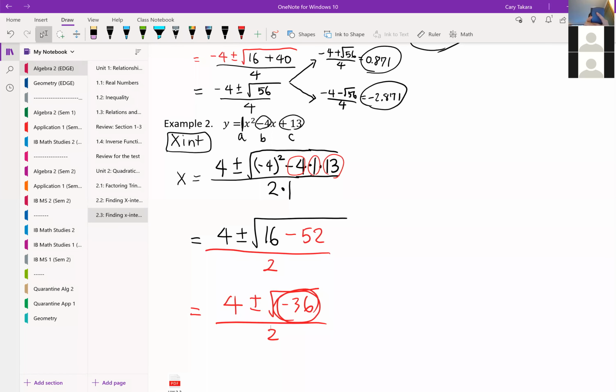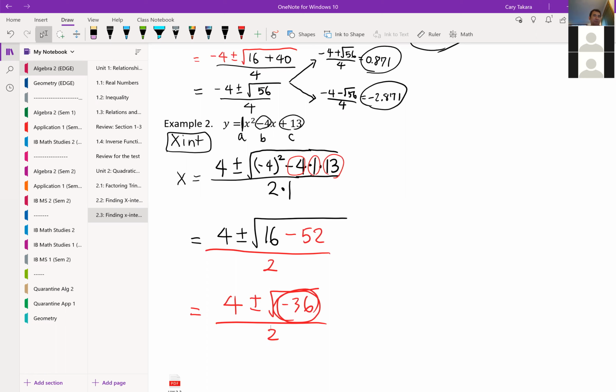Where's the square root button? Negative 36, and I get an error. You cannot take a square root of a negative number. And that's when you get the imaginary number, which we did not talk about. But taking the square root of a negative number is impossible.